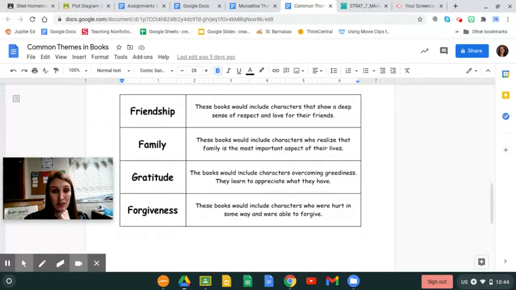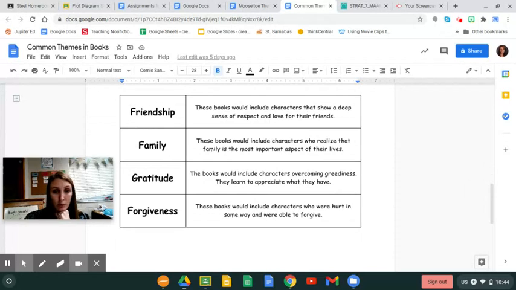Books might have themes about friendship, so that would be books that have this close knit friend group who don't waver in their love for each other. Or maybe at first they do, and then they realize friendship is important to them.